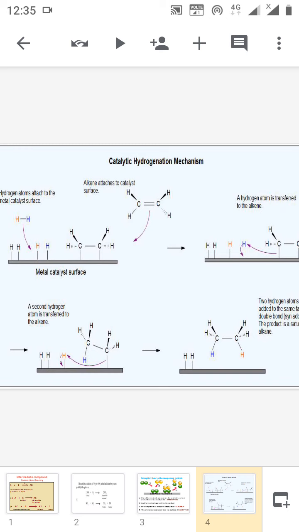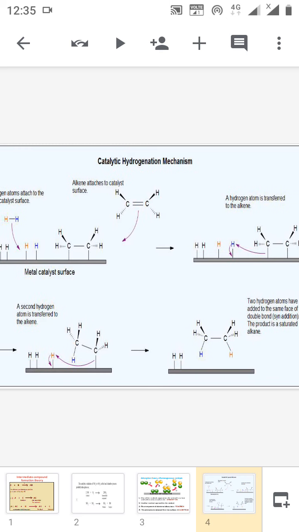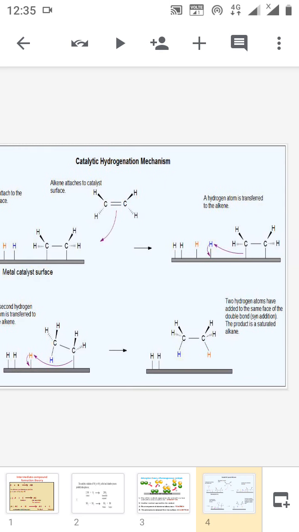The reactant molecules, hydrogen and ethylene, diffuse on the surface of the catalyst, and as the concentration on the surface increases, the bond between hydrogen and hydrogen slowly weakens, and the hydrogen atom comes very close to the ethylene molecule, within bonding distance.